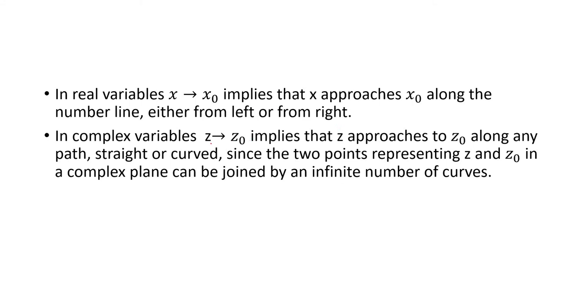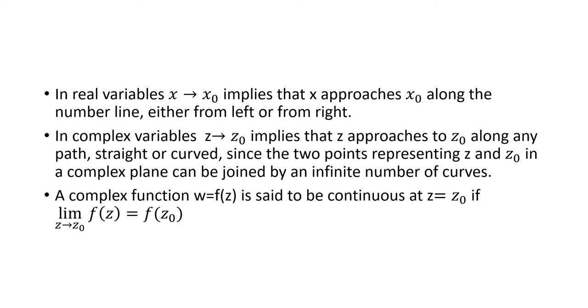In complex variables, z approaches z naught implies that z approaches z naught along any path, straight or curved. Points representing z and z naught in a complex plane can be joined by an infinite number of curves.